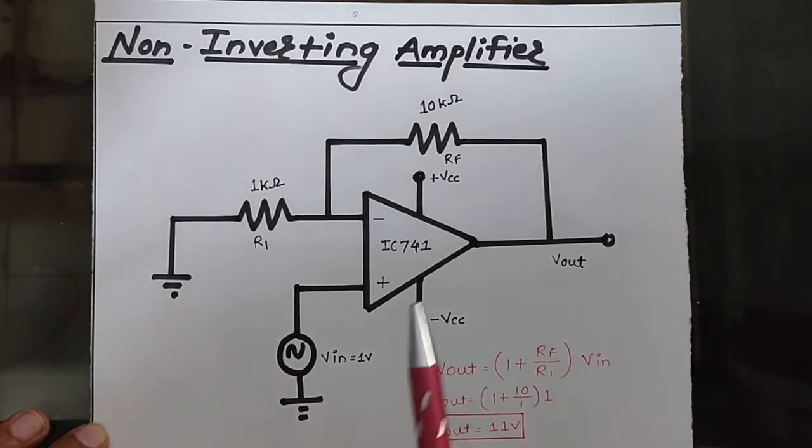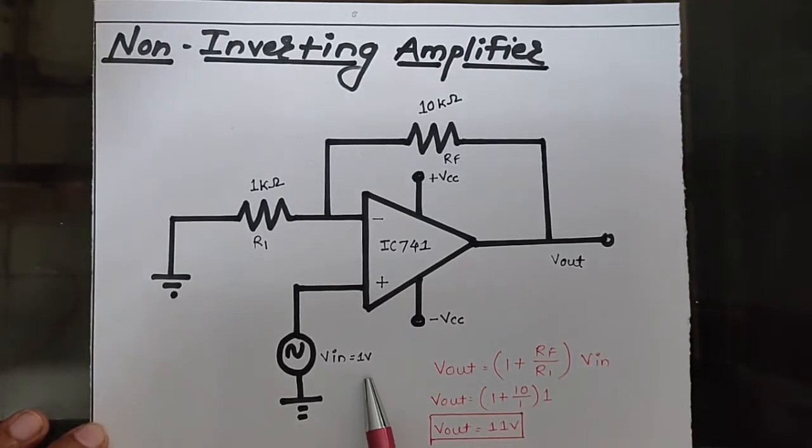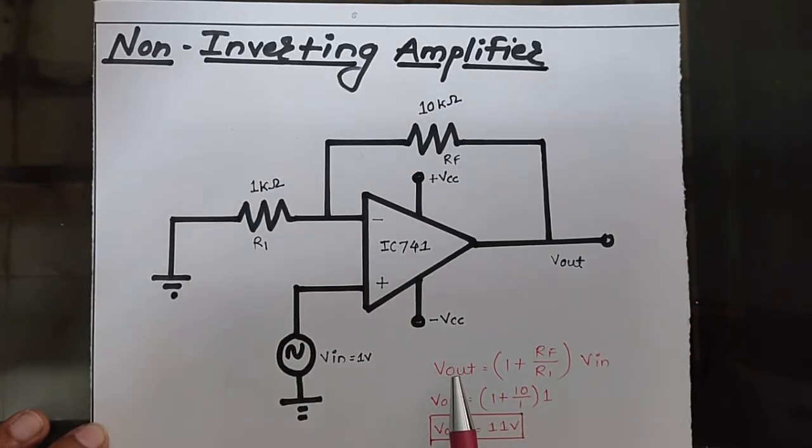For this circuit, our objective is to calculate the output voltage when your input voltage equals 1 volt. The theoretical formula for the output voltage of a non-inverting amplifier is V out equals 1 plus RF by R1 into V in.